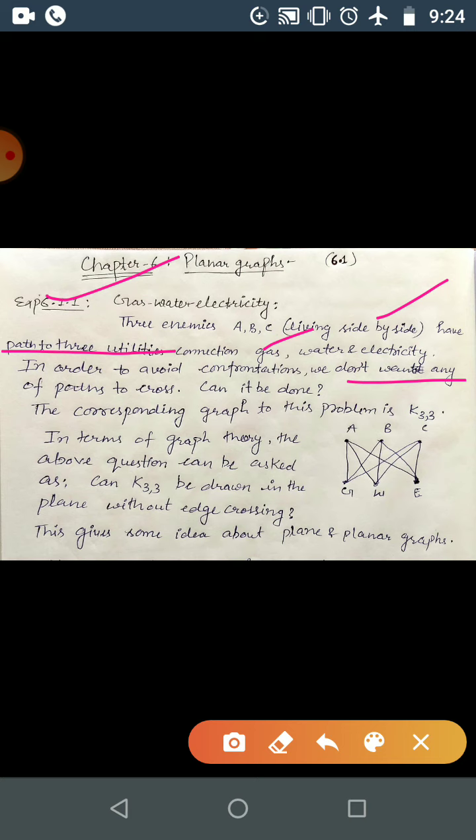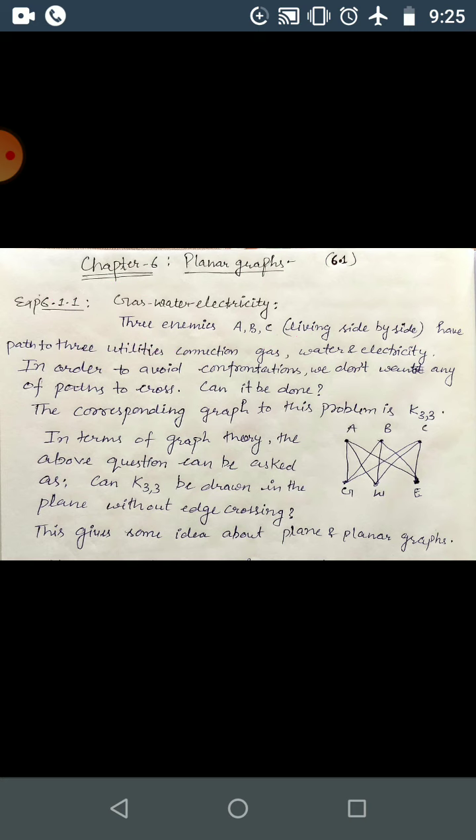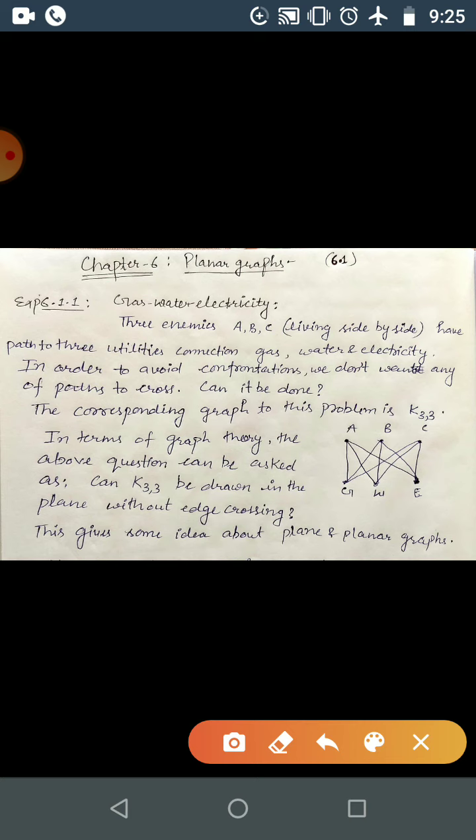To avoid confrontation of A with B or A with C and so on, we don't want any path to cross, any of these paths, where A to G, A to W, A to E and so on, B to G, B to W, B to E, C to G, C to W, C to E, because everyone is utilizing all these utilities, correct.